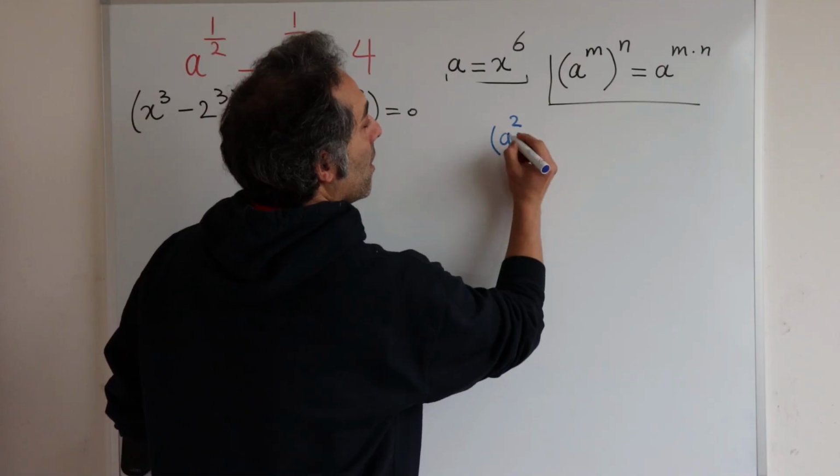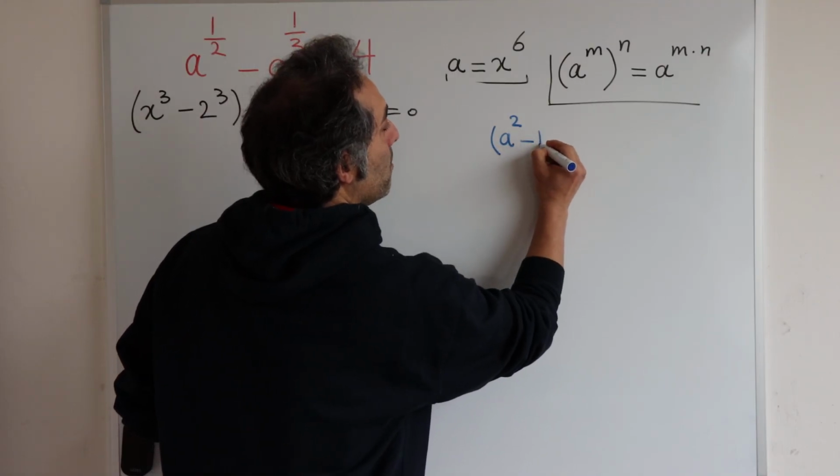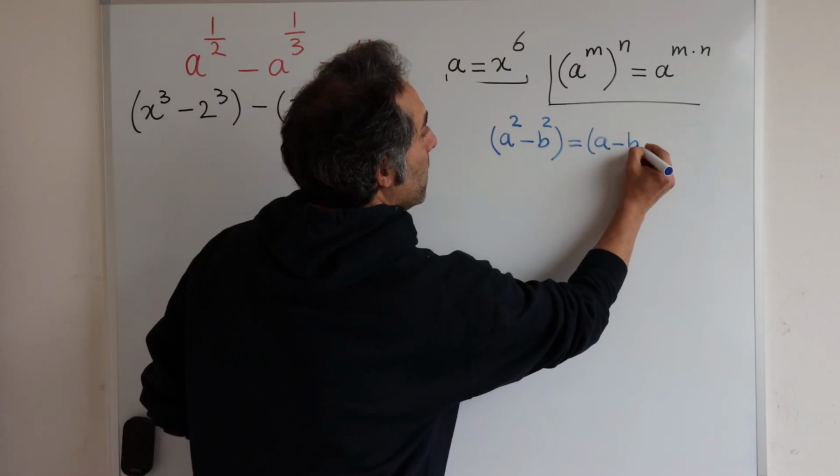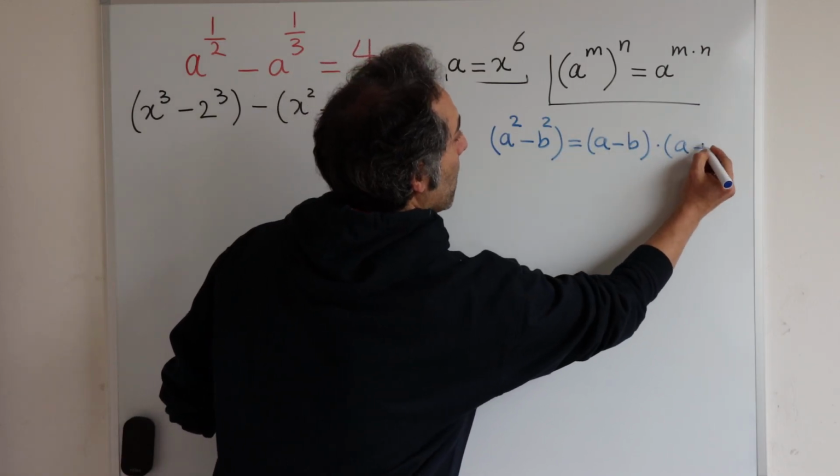a squared minus b squared always is (a minus b) times (a plus b).